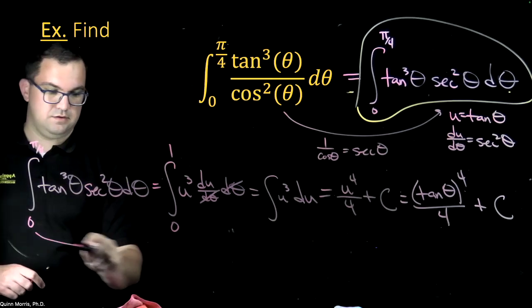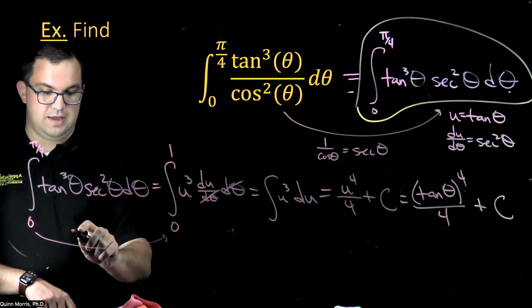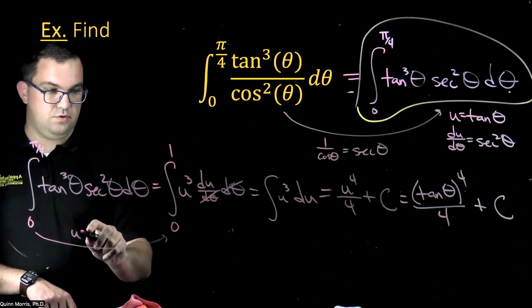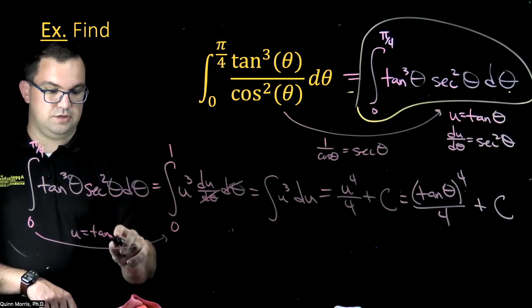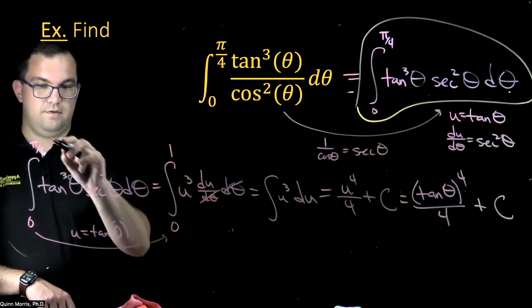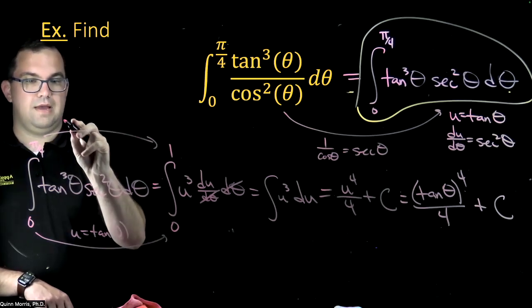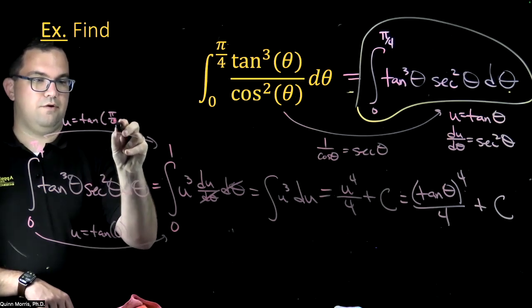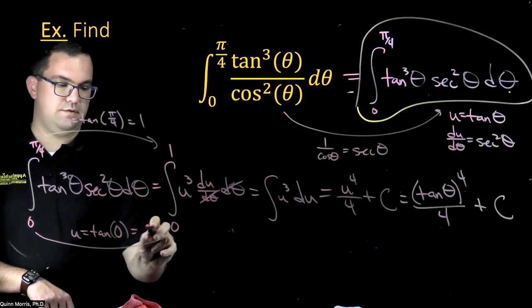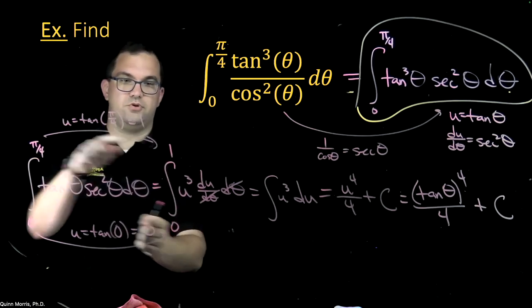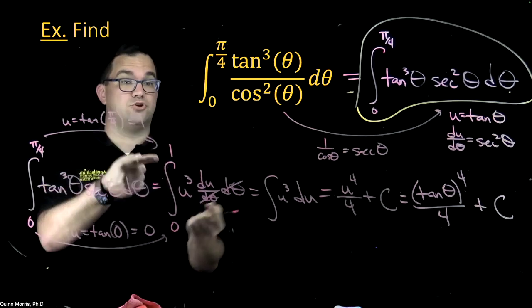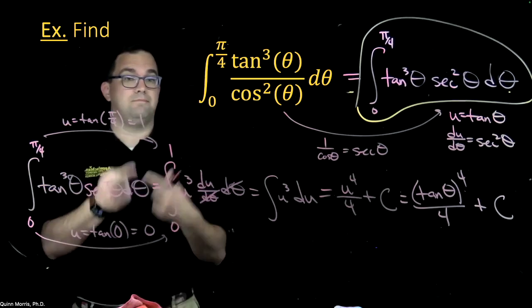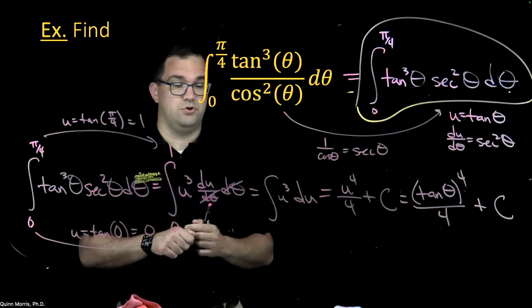So in this case, this happens because u is equal to tangent of 0. And up here, we have u is equal to tangent of pi over 4, or 1. Right? And so I convert these limits of integration to be in terms of u at the same time that I'm converting the integrand to be in terms of u.